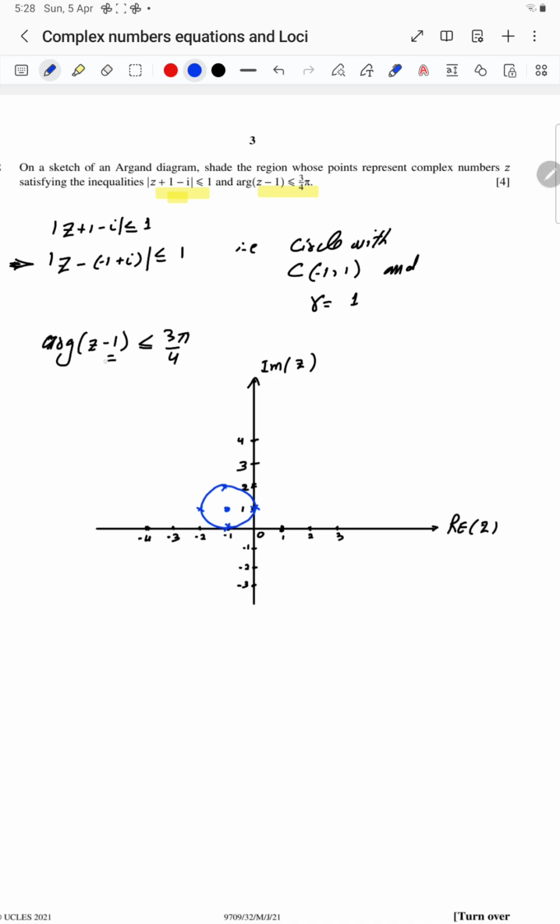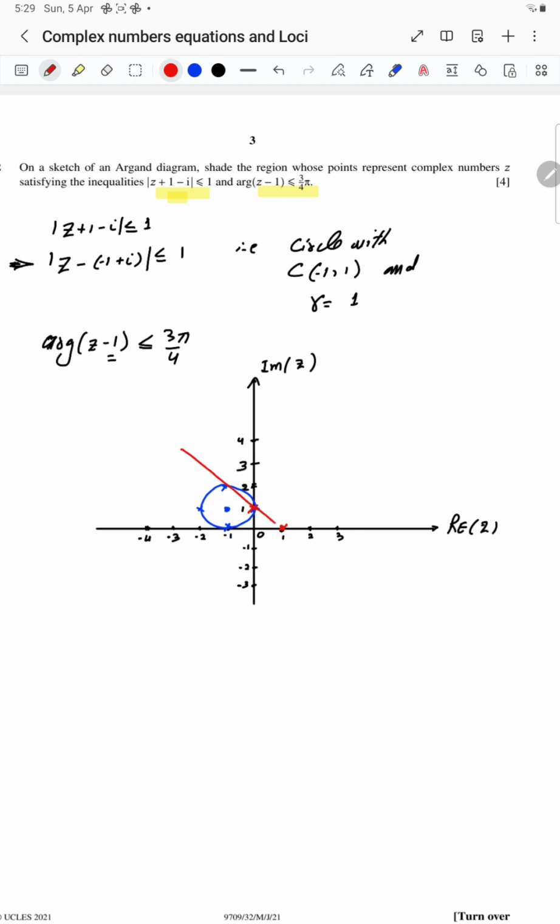First we plot argument of z - 1. It means the line should start from the point 1 on the real axis, at angle 3π/4. Any π/2 is here, 3π/4 should be here, starting from (1, 0).